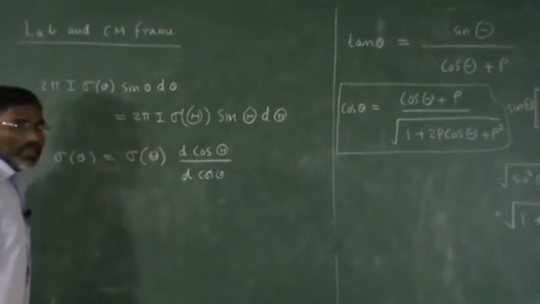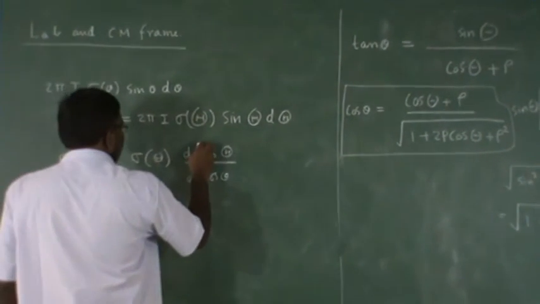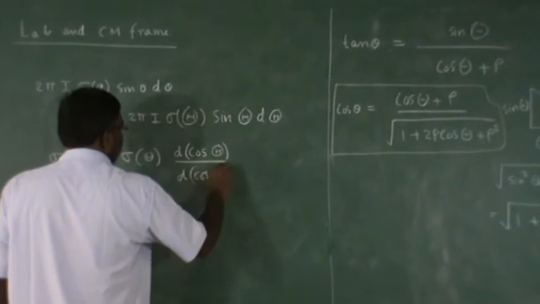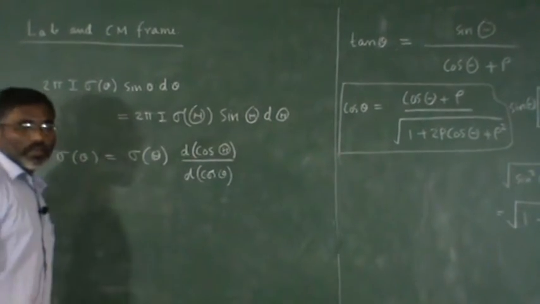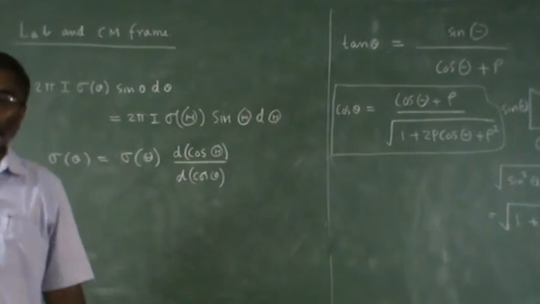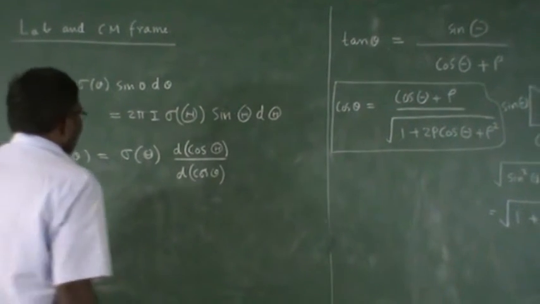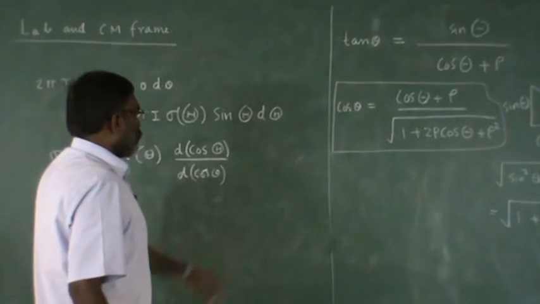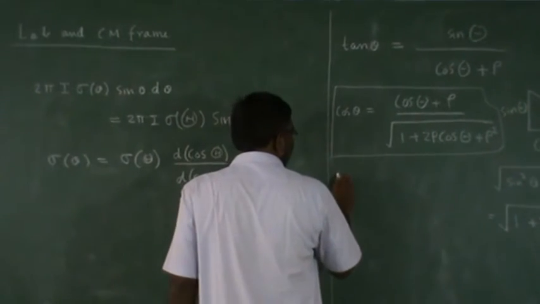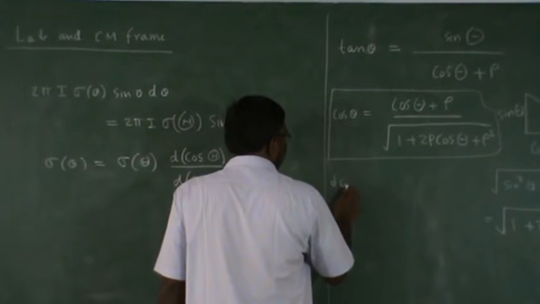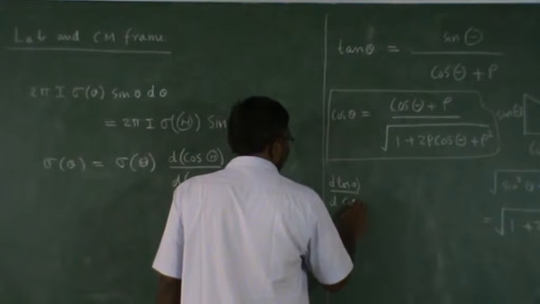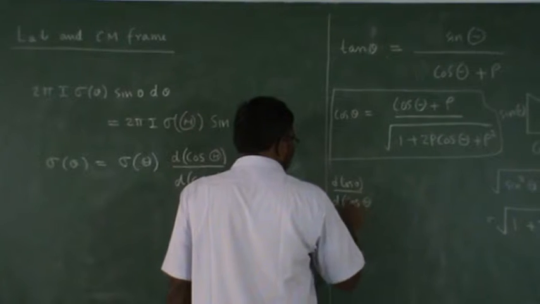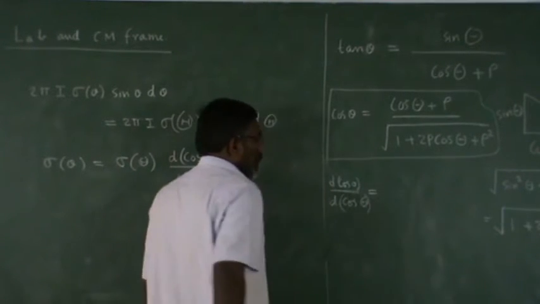Correct? d cos theta is minus sin theta d theta, so I have to write it that way. Now I can write down d cos theta by d cos theta here from this expression. What will that be equal to?